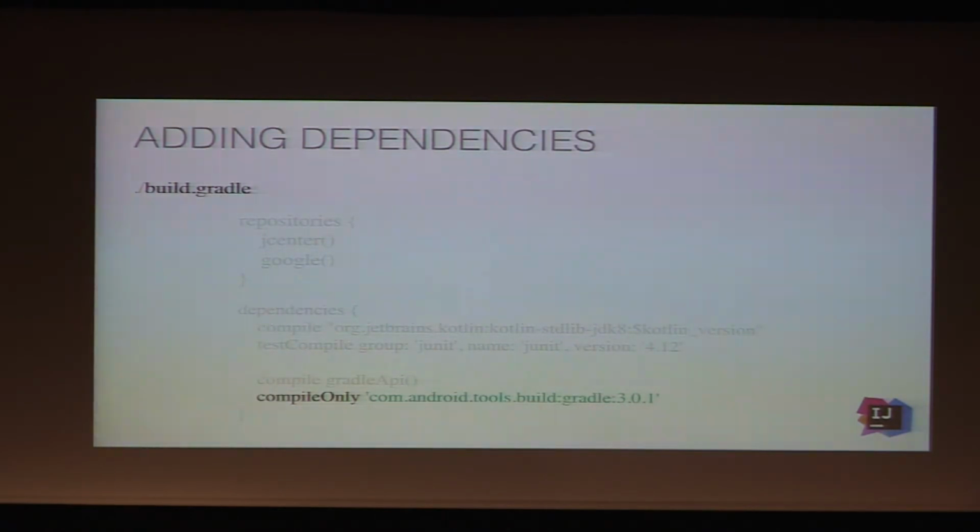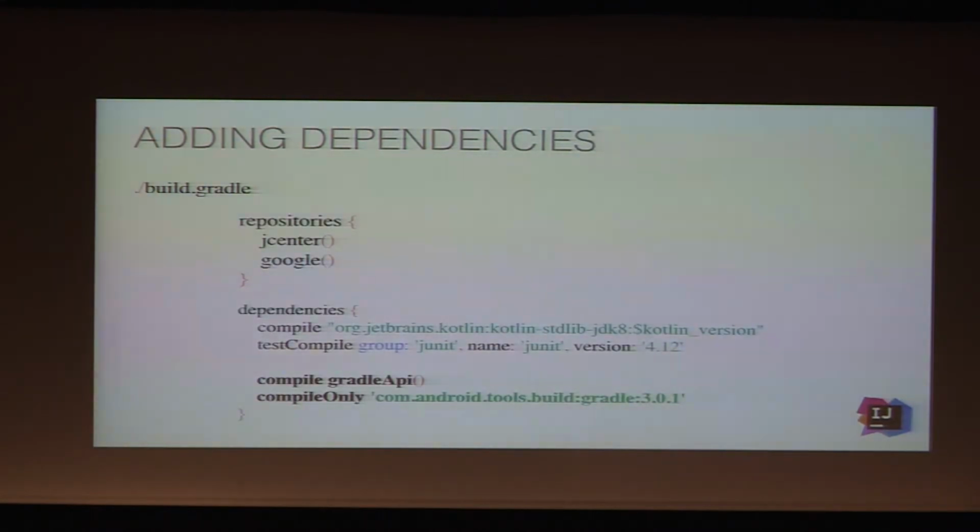And we don't want to have it in our code, we just want to have it referenced. So compileOnly is like provided. And from then on, we have all the APIs of the Android Gradle plugin. So those two are the main dependencies that we need in a project to build Android Gradle plugins.